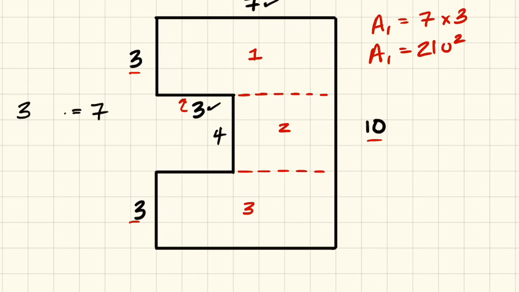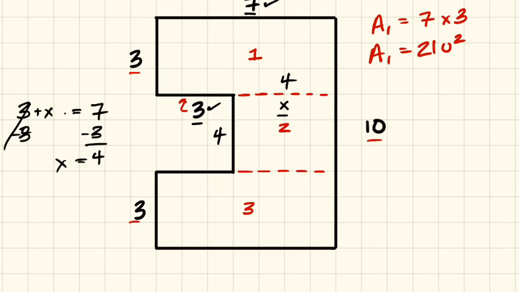So some number plus 3 has to equal 7. Do you see how I did that? Because I need to know this guy right here. And so this plus this have to equal 7. So x plus 3 equals 7. Subtract 3. 4 equals x because that crosses out. So then this becomes a 4 here.